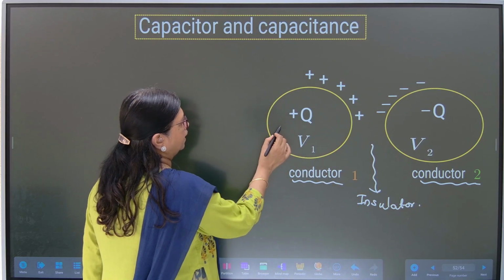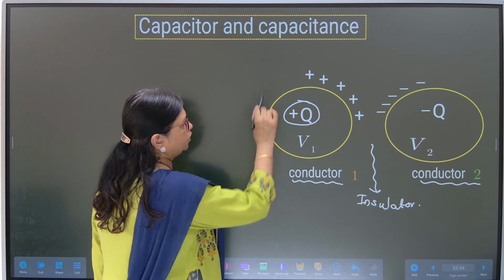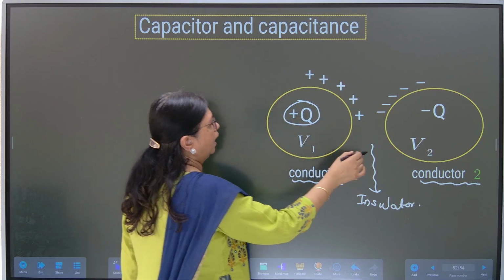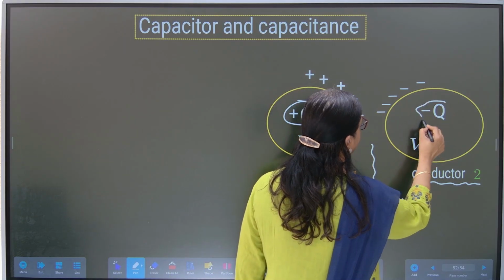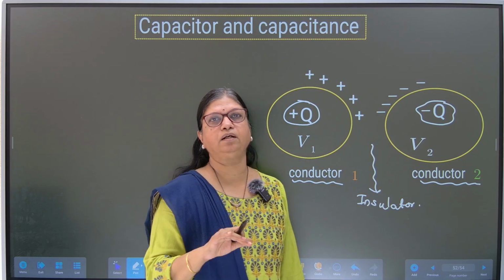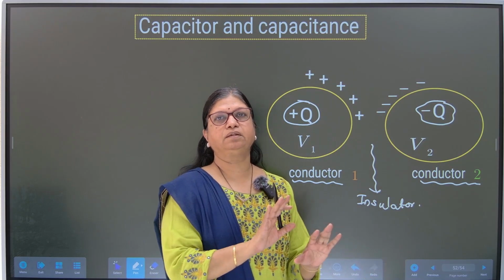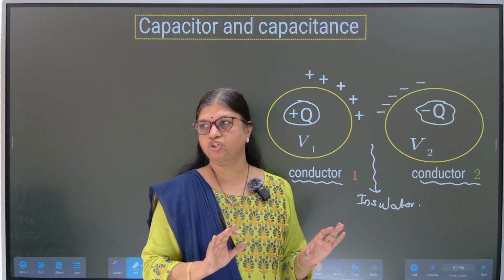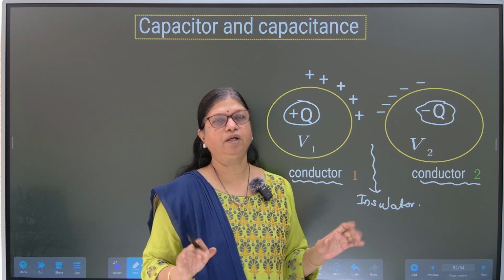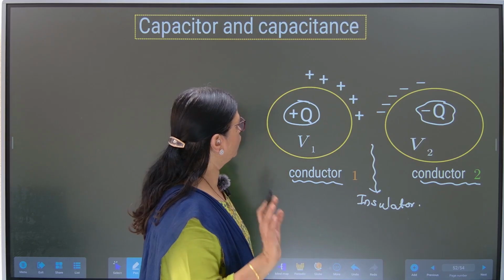Conductor 1 has a charge of positive Q on its surface and conductor 2 has a charge of negative Q on its surface. We have already learned that inside a conductor there is no charge, there is no electric field, and potential is the same everywhere.